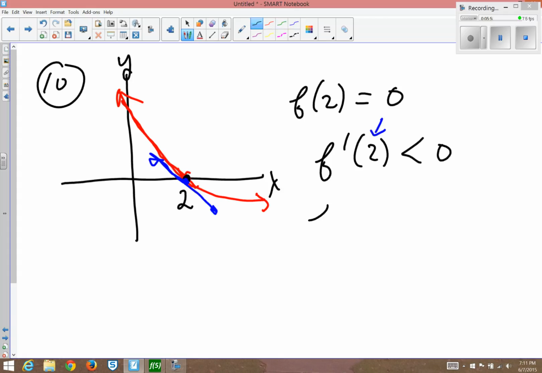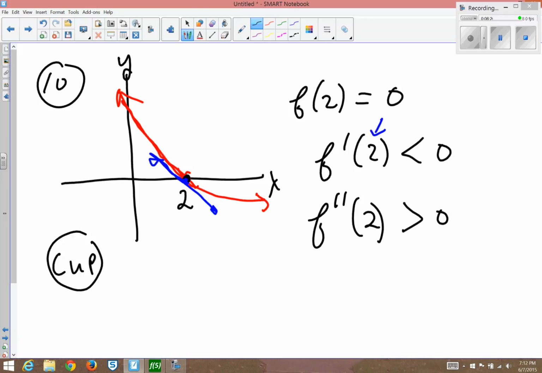Also, the second derivative anywhere on this red, in particular at 2, is greater than 0, because any function that is concave up has a positive second derivative. So the second derivative is positive at 2, but actually anywhere on here, because concave up means all the tangent lines are below the curve. Like this blue one is below the red.